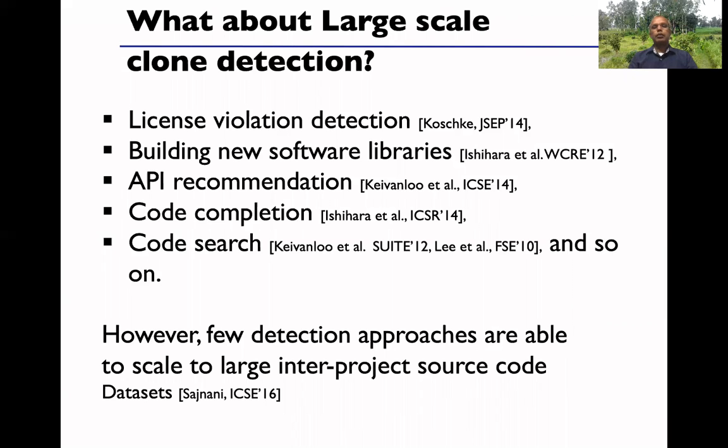But the problem was that these tools can mostly only detect type 1 and type 2 clones. The question is, how do we detect type 3, and how do we detect them from a very large data set? We had a paper with our collaborators at ICSI, that could detect large scale clones from large scale inter-project repositories.